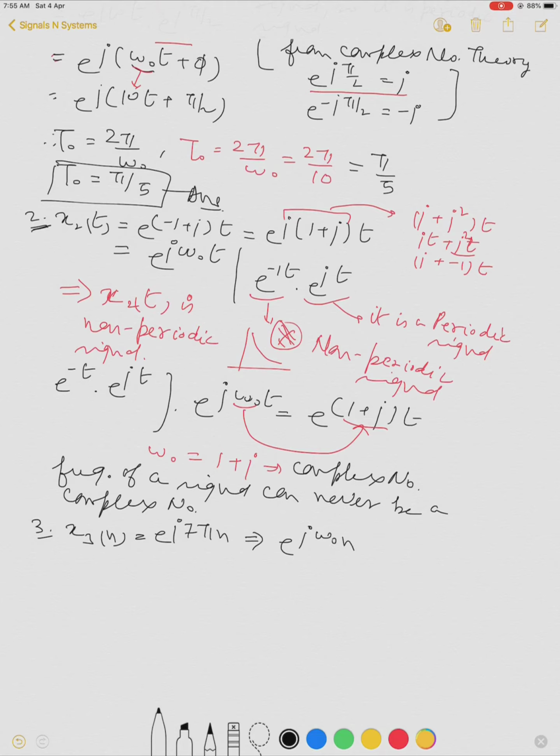So for discrete signals, omega naught upon 2 pi is equal to m upon N, and N will give you the period. By comparing, we know that omega naught is equal to 7 pi.